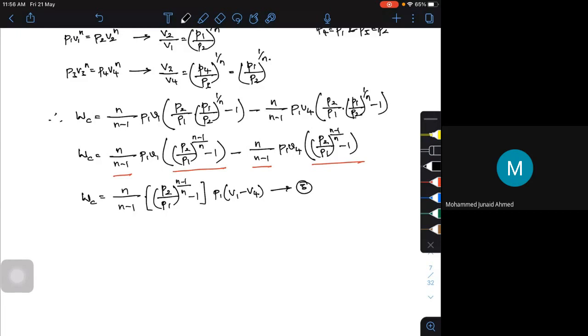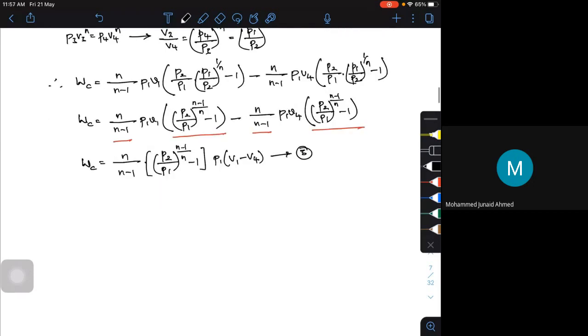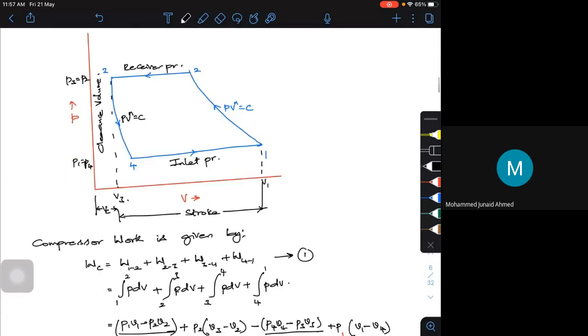Now what is this V1 minus V4? V1 minus V4 is the delivery volume. Don't confuse it with the clearance volume. If you want, you can go here. V1 minus V3 is the stroke volume, and V1 minus V4 is the delivery volume.